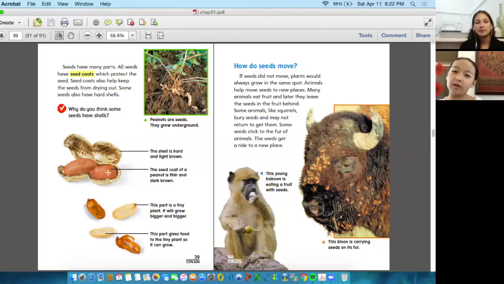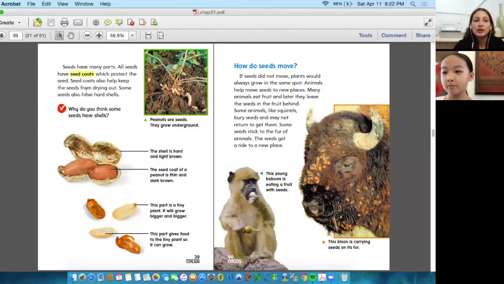This one, I think, is the coat. Right. Okay. So we have the peanut, and then we have the coat that is covering the peanut. So what is the purpose of the coat? From what you read here, what does it say? What is the purpose? This part is a tiny plant. The seed coat of a peanut is thin and dark brown.